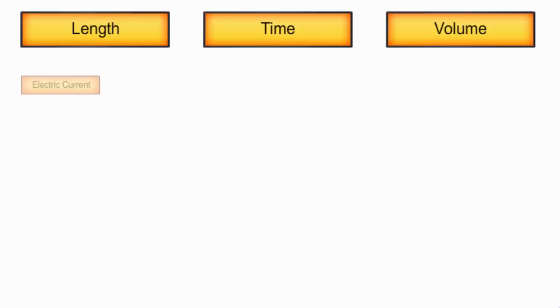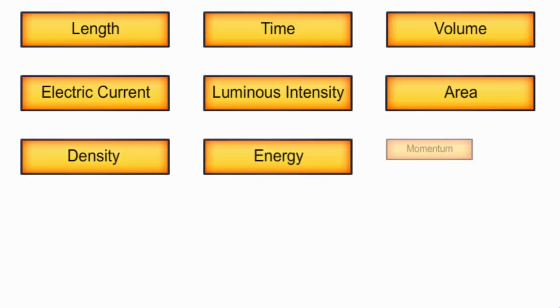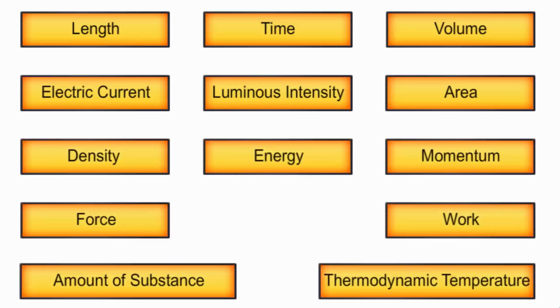We learnt earlier about different physical quantities, of which 7 are considered fundamental according to the SI system of measurements, while the others are derived physical quantities.